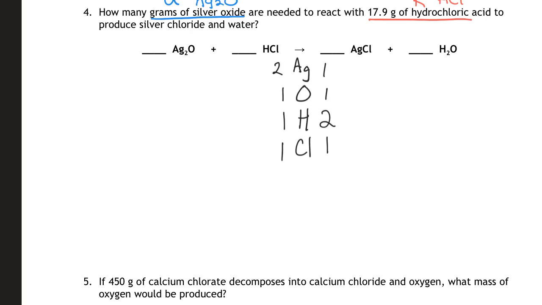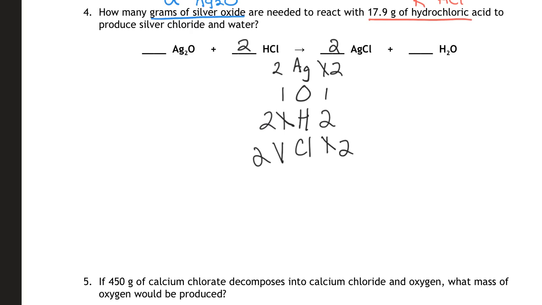So, to balance this out, I'm going to need a 2 here, update my total, balanced for silver, balanced for oxygen, not balanced for hydrogen. So, I'm going to need a 2 here, update my total, update my other total, and I'm balanced.